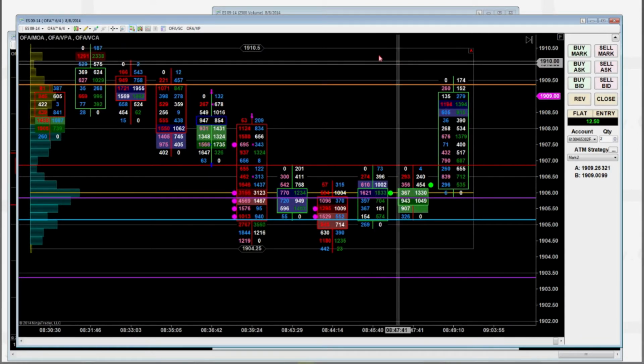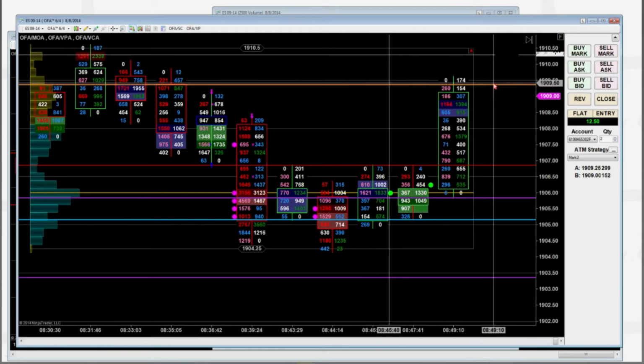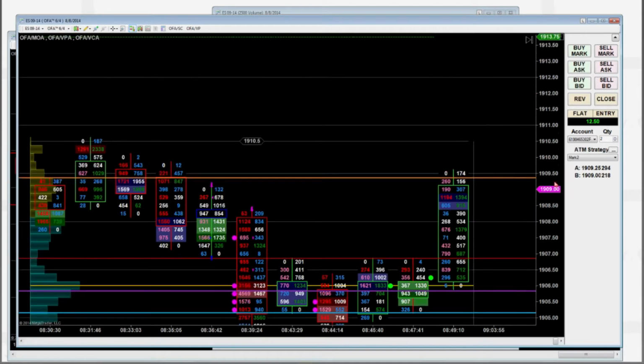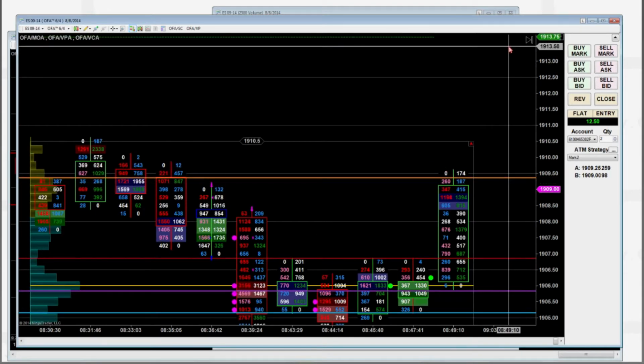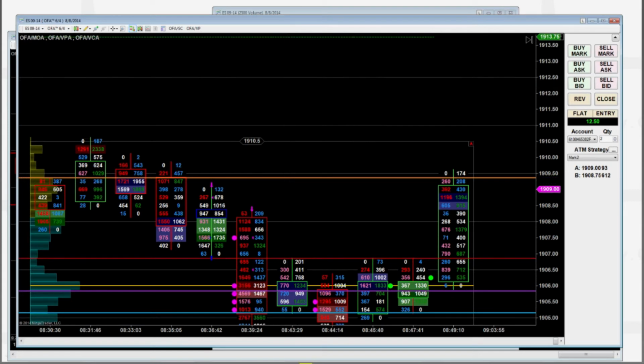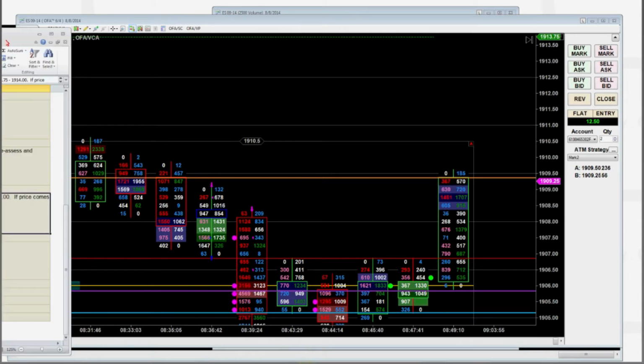And if these sellers start getting taken out, remember from the narrative, my target is still up around that 1375, because the last swing high from yesterday was up around that level, 1375. We have it right here to 14.